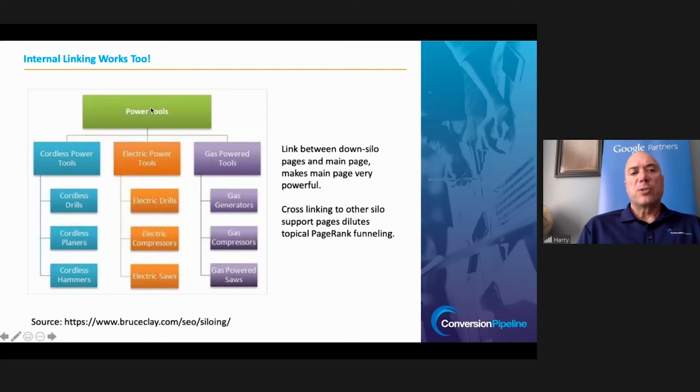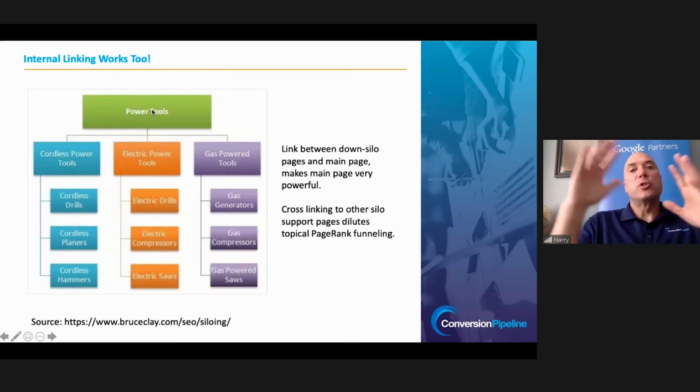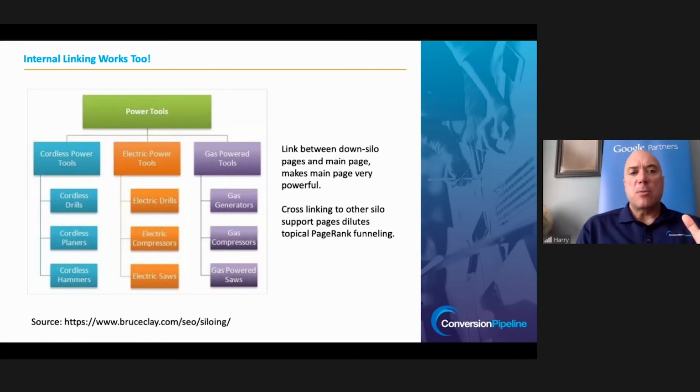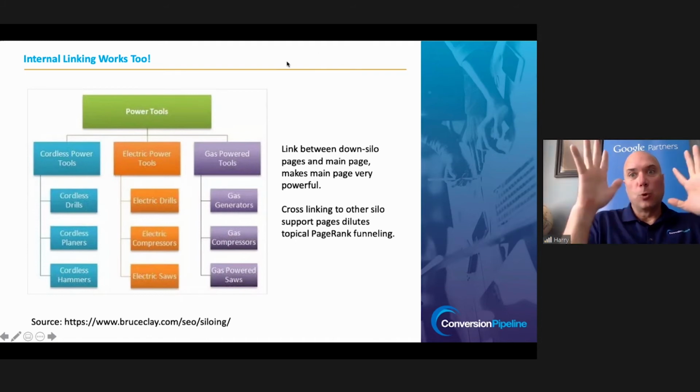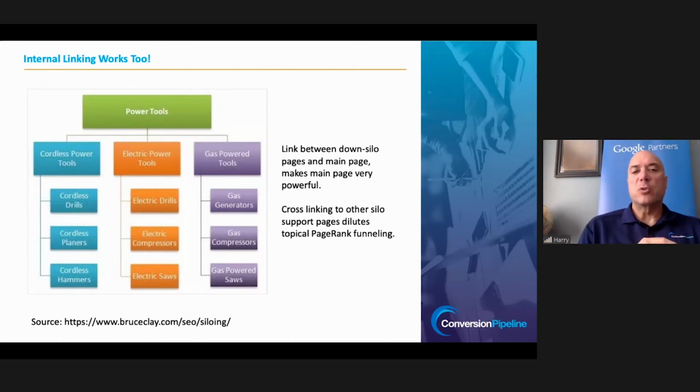So if this were a website about tools in general, and power tools was one segment, and garden tools was another, and old-fashioned hand tools was another, each of these main topics would be the most powerful pages. And of course, the top page, which would just be tools, would probably rank the most in Google, because you've got all these supporting pages funneling PageRank up.